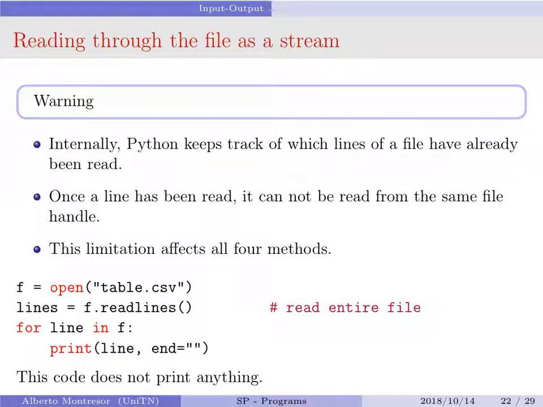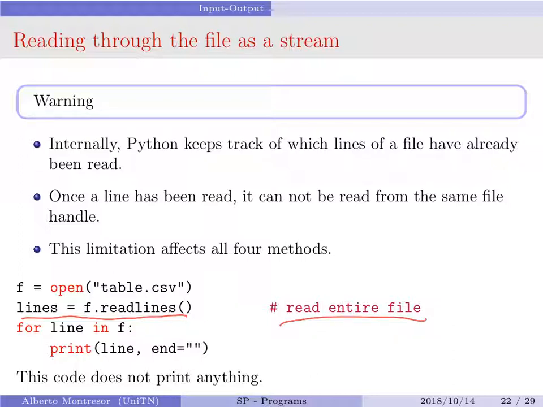Internally, Python keeps track of the lines that you have already read. So once a line has been read, you cannot read it again, unless you use other forms of accessing files, but that's another business for the moment. And this limitation affects all four methods. So, for example, if you read the entire file, then it's done.